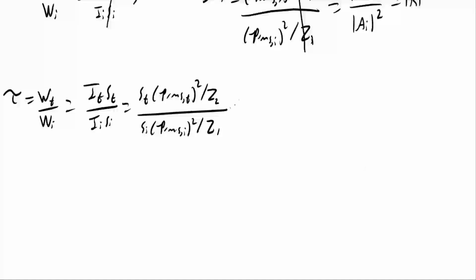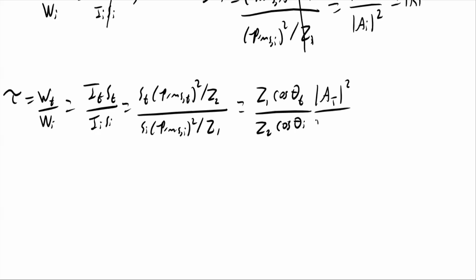And if we move the characteristic impedance of the medium around, we're going to be left with Z1 cosine theta T over Z2 cosine theta I times AT squared over AI squared, which we recognize this term to just be magnitude T squared.